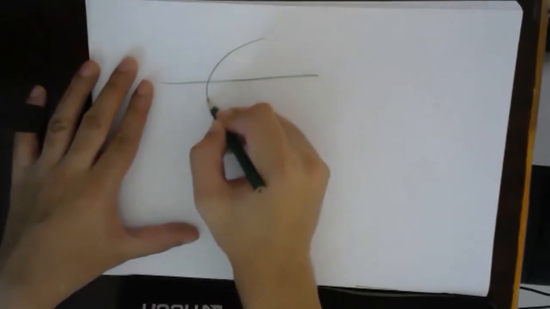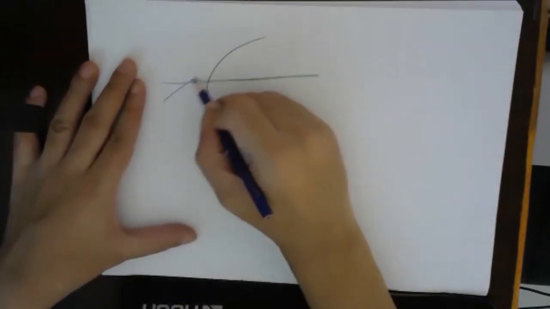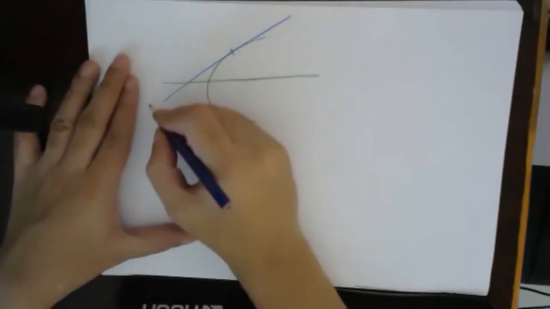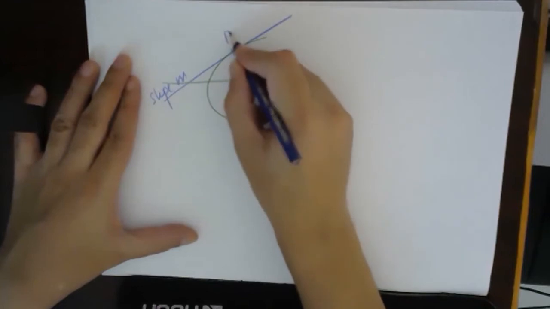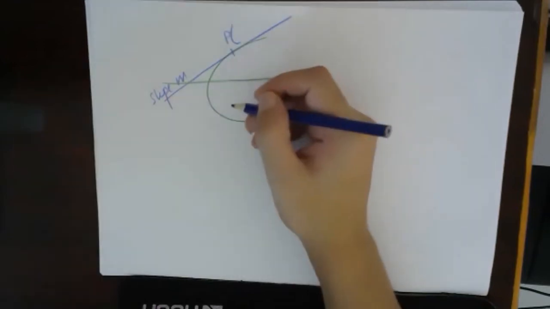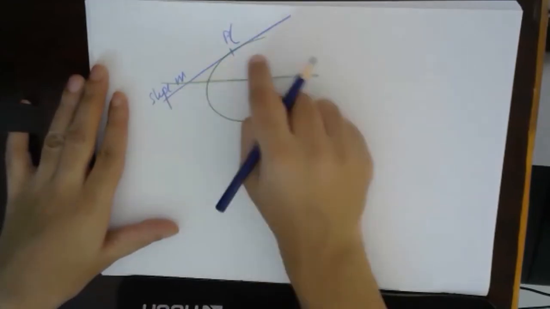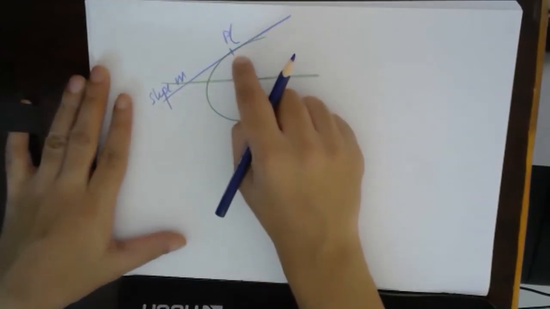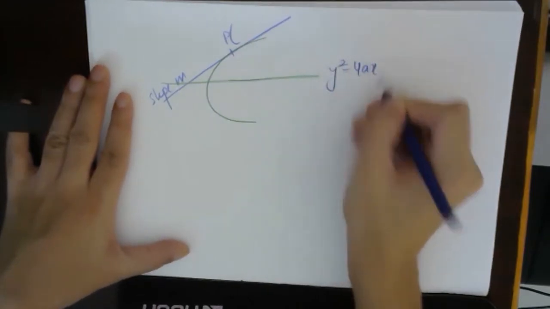concept on the same thing. Now suppose this is a parabola. This is a line with slope m. You have to find this point P. Point P is the point of contact at which the line with slope m is tangent to this parabola. The parabola's equation is y square is equals to 4x.